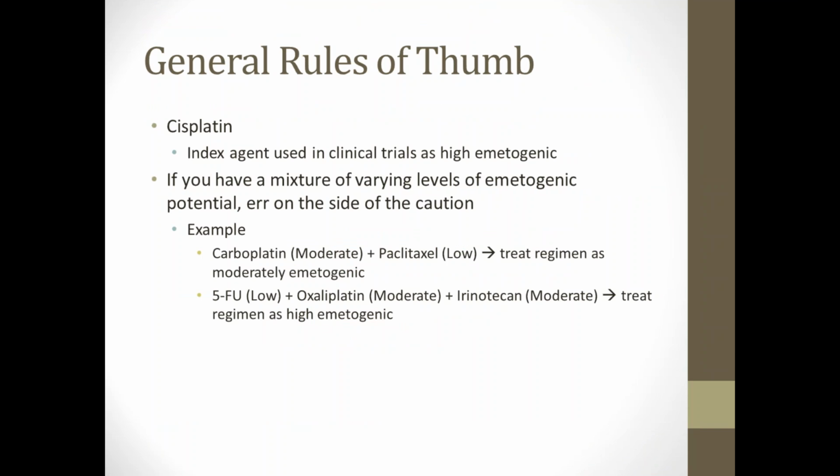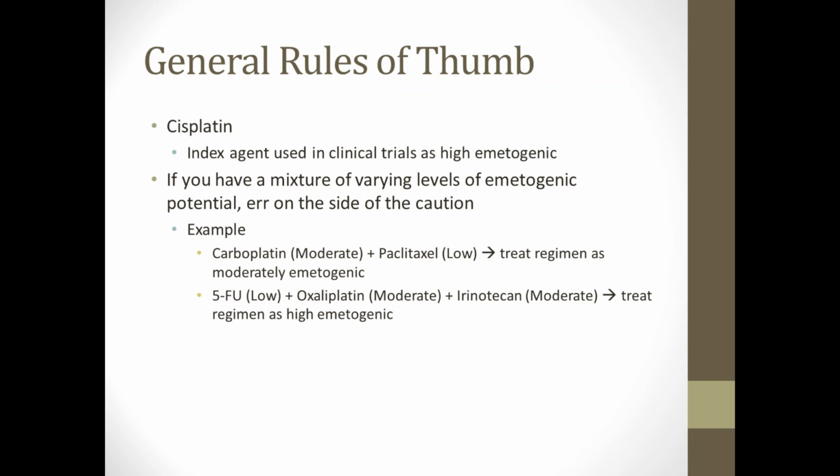I just wanted to go through some general rules of thumb, which are sort of clinical pearls or teaching points. The first one is cisplatin. Cisplatin is an agent that's used in clinical trials as a highly emetogenic based regimen when investigators are actually studying whether or not a new antiemetic drug works. And cisplatin is one of, if not the most emetogenic drug out there.